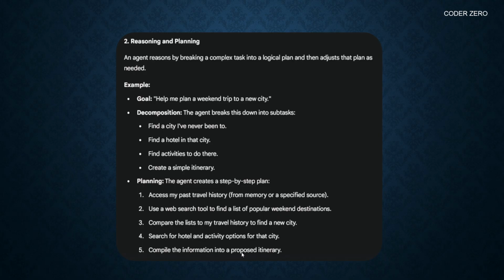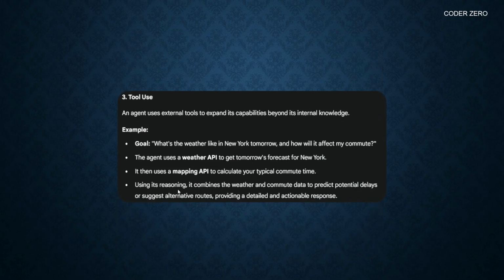Now the third property is that it uses tools. An agent uses external tools to expand its capabilities beyond its internal knowledge. So here the goal is, what's the weather like in New York tomorrow, and how will it affect my commute? The agent uses a weather API to get tomorrow's forecast for New York.